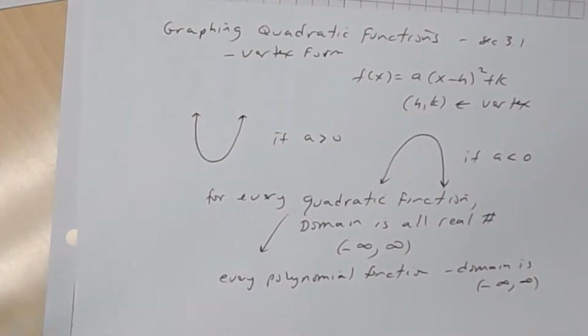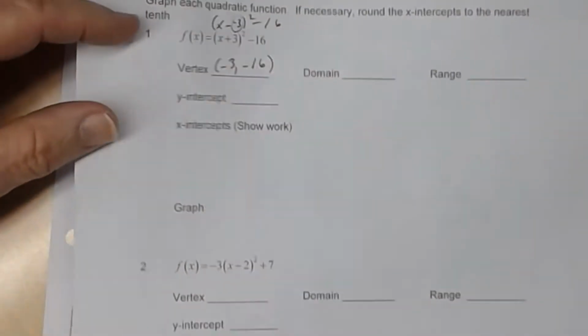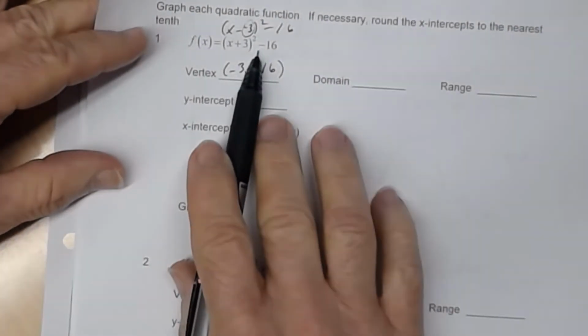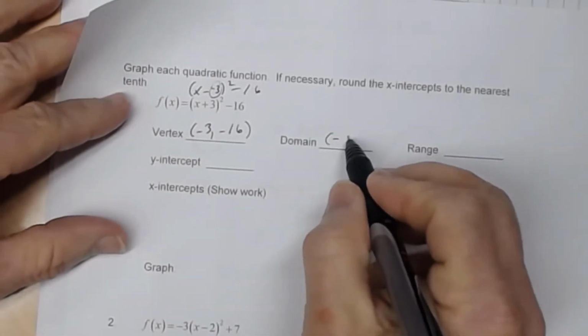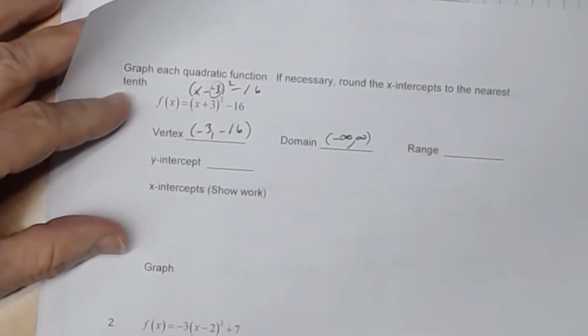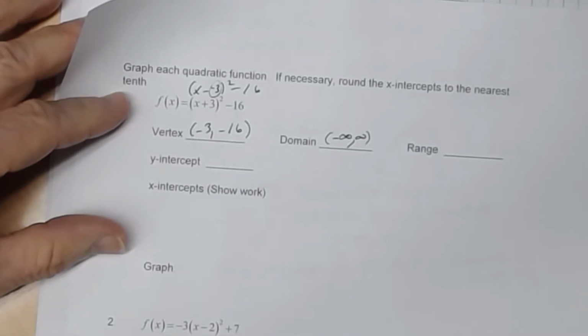All right, so right away, I can say that in both cases, in this example and in this example, the domain is negative infinity to infinity, all real numbers.